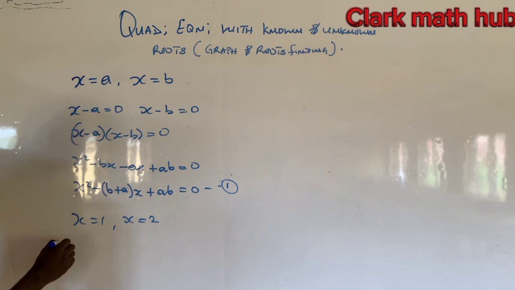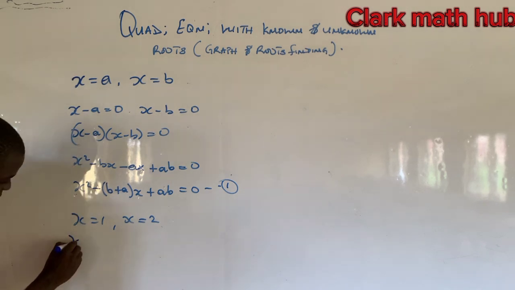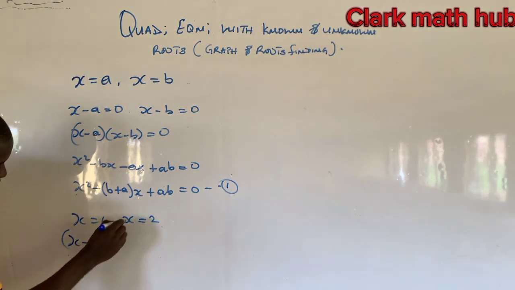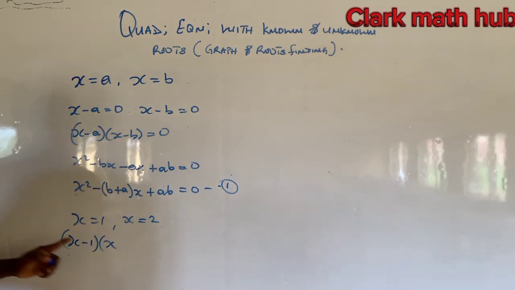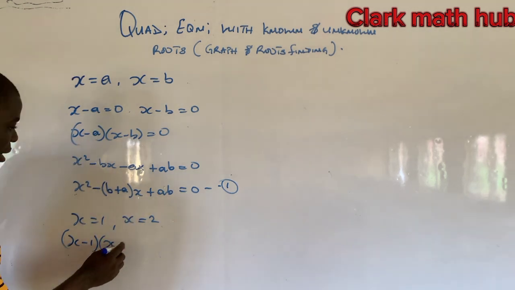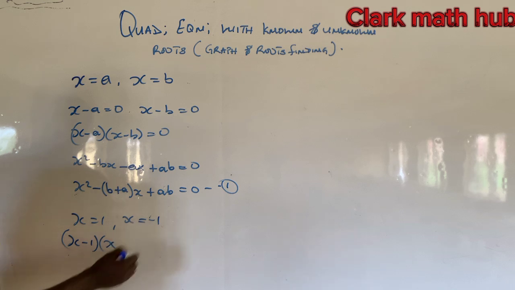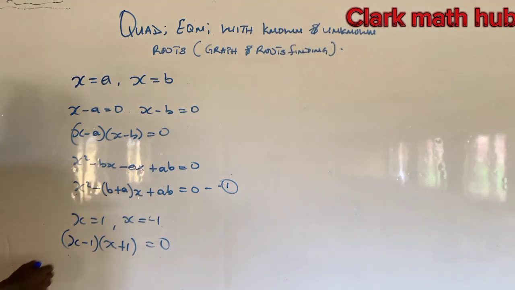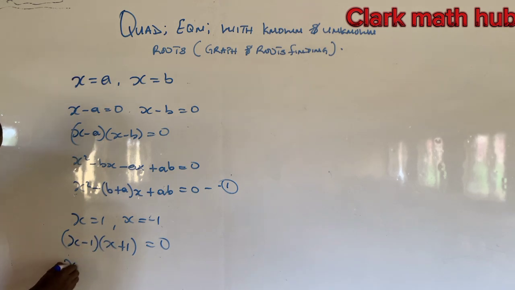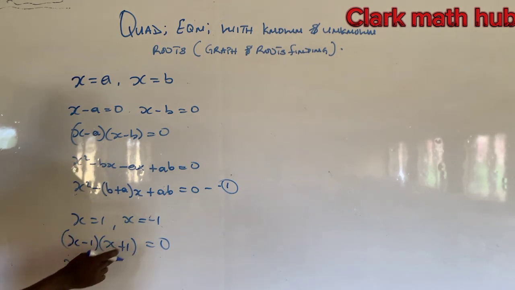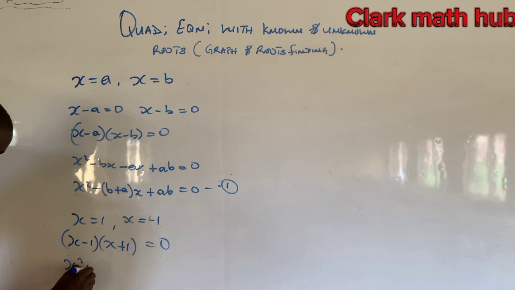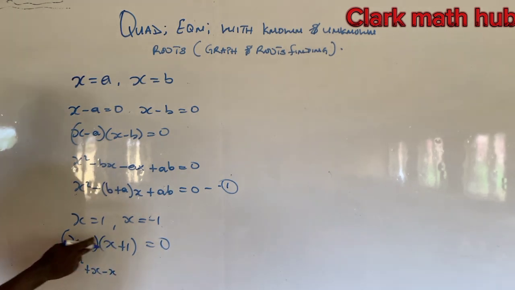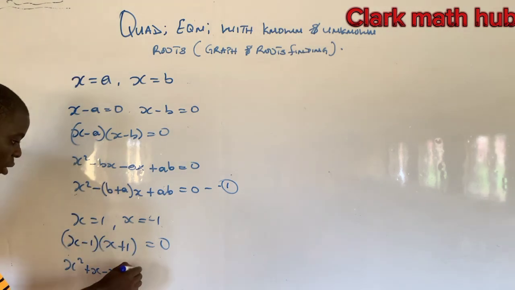I put (x minus 1) and (x plus 1) equal to 0. To solve further, x times x gives x squared, x times 1 gives plus x, minus 1 times x gives minus x, and minus 1 times 1 gives minus 1, equal to 0.